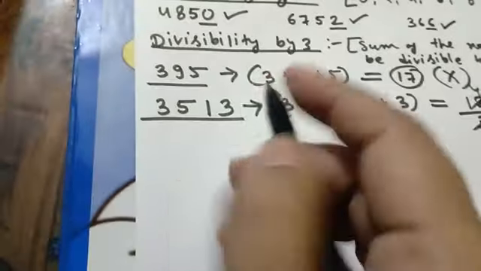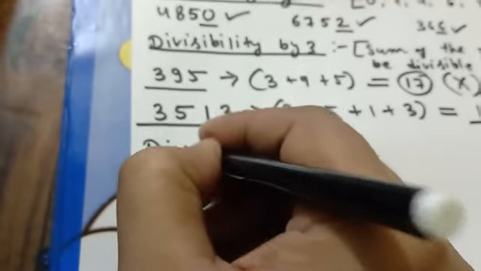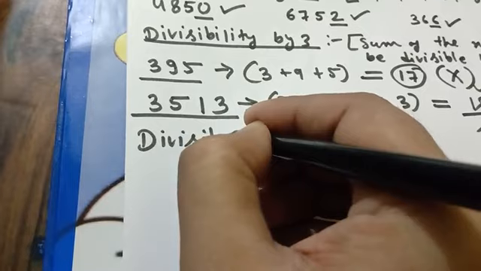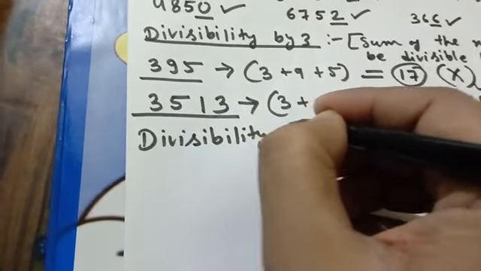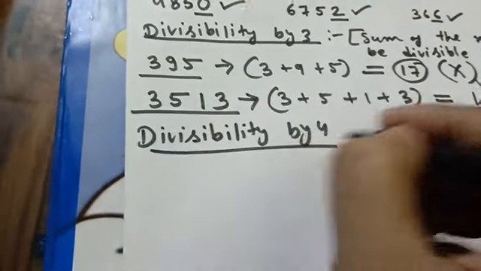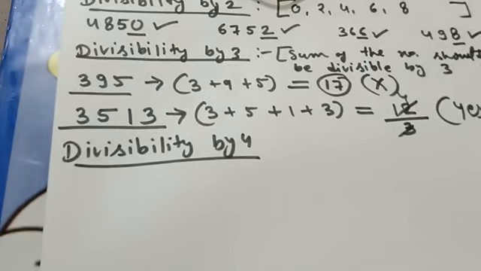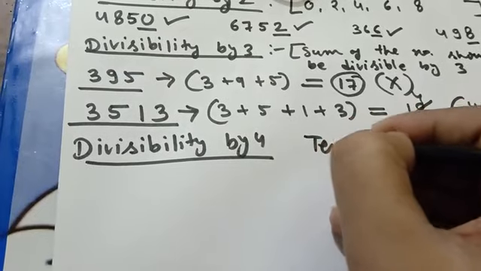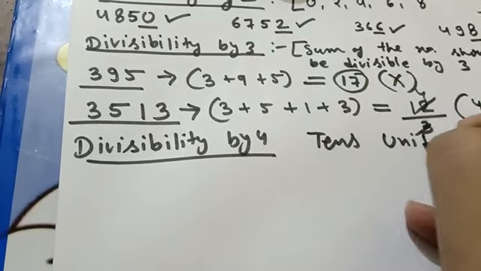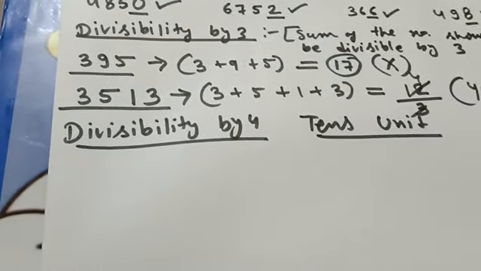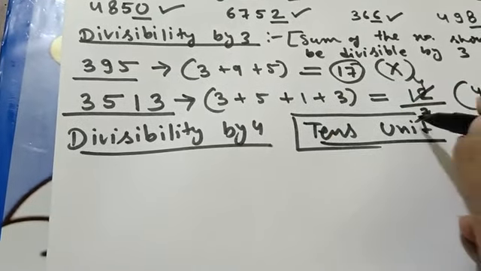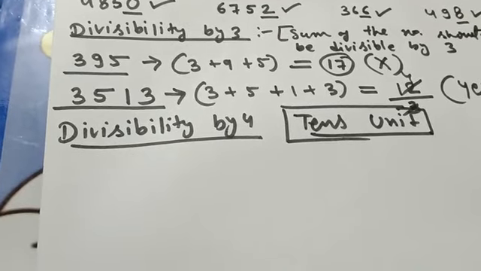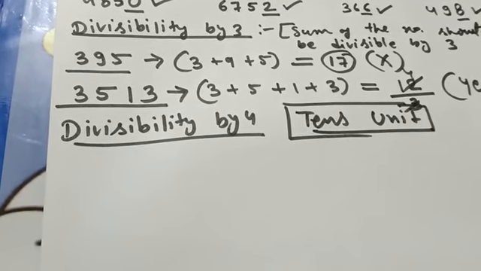Come to the next number. Divisibility by 4. What are the rules for 4? Remember, only two places: the tens place and the unit place. If the number formed by the tens place and unit place is divisible by 4, then the whole number will be divisible by 4.